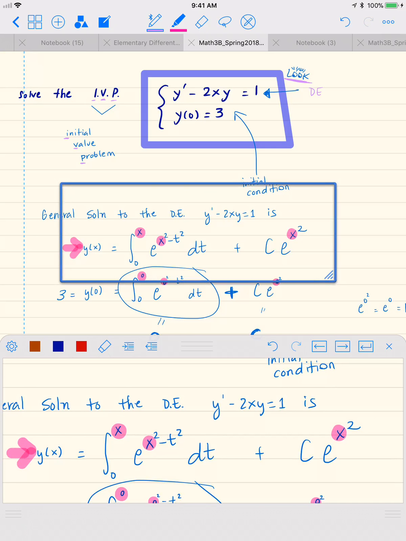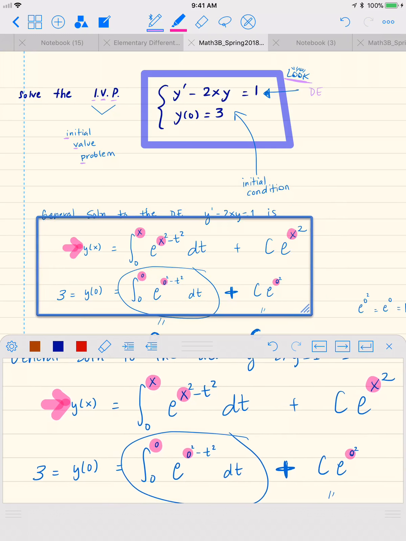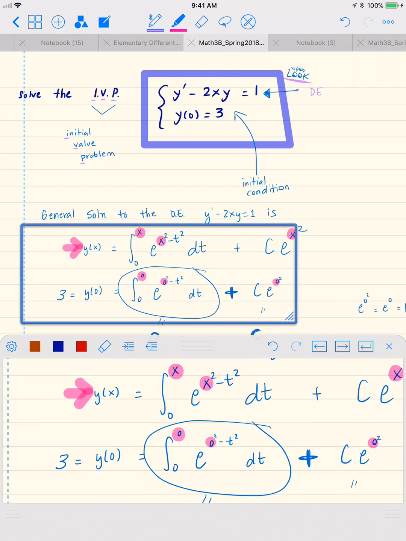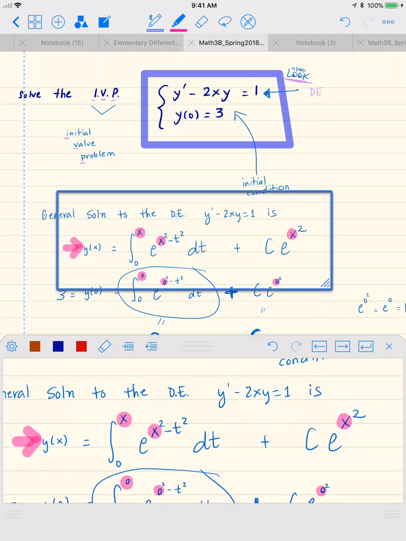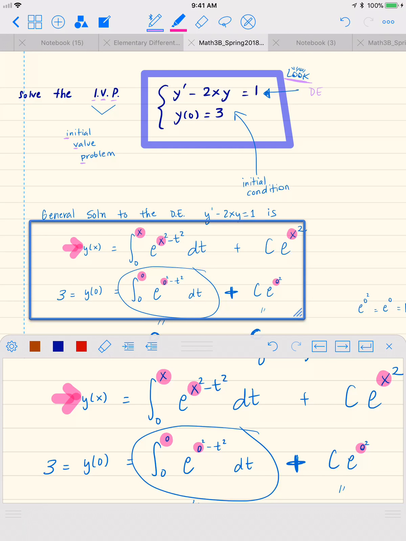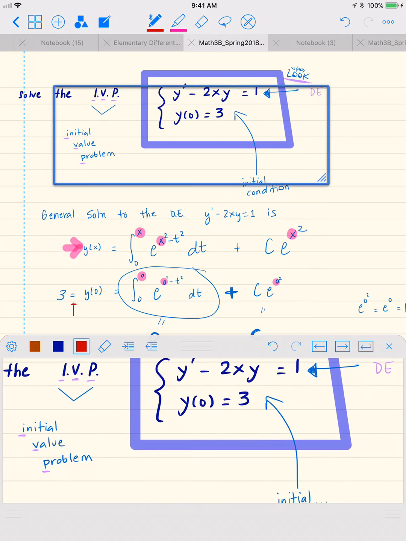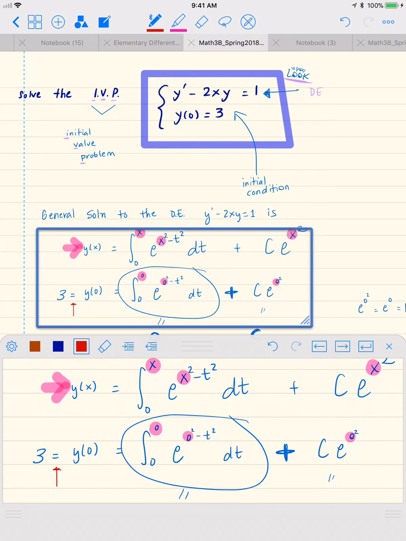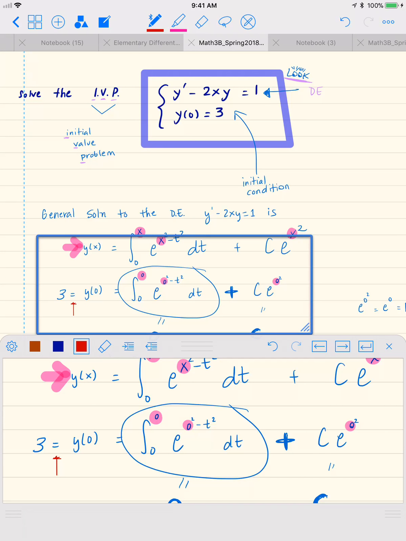So we know this is our equation. What we need to do is find the value of C for which this equation satisfies y of 0 equals 3. Remember, our initial condition is y of 0 equals 3. So we need y of 0 to equal 3.